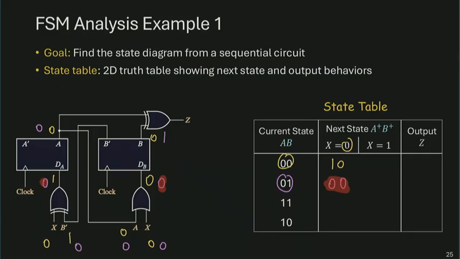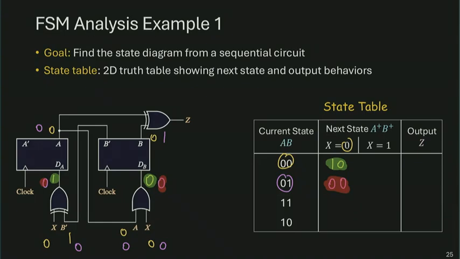I also did some color coding for the previous example. Only by looking at the flip-flop inputs of these D flip-flops, I know what my next state is. And you can do this one by one for all the combinations, and you should get the complete table. That's one way of doing it, to analyze a circuit through simulation.